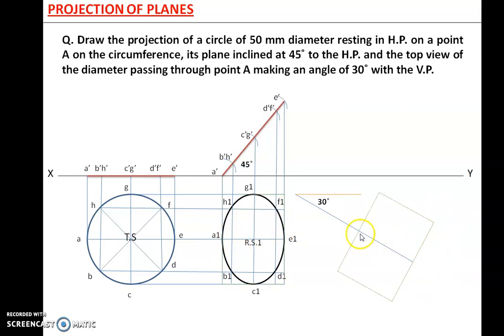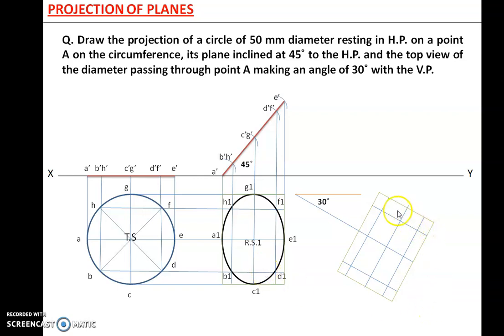With respect to this, you can take A1 here, take this distance in your compass, mark the point E1. From this point mark 90 degree and complete this rectangle. Then the inner projectors of the rectangle, you can see here, this is the first, this is the second, this is the third, this is the fourth, fifth and sixth.